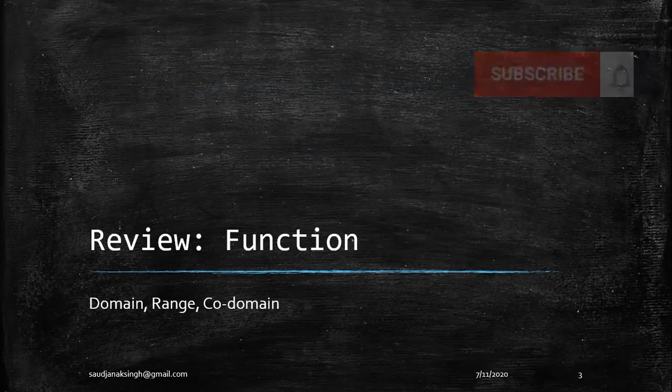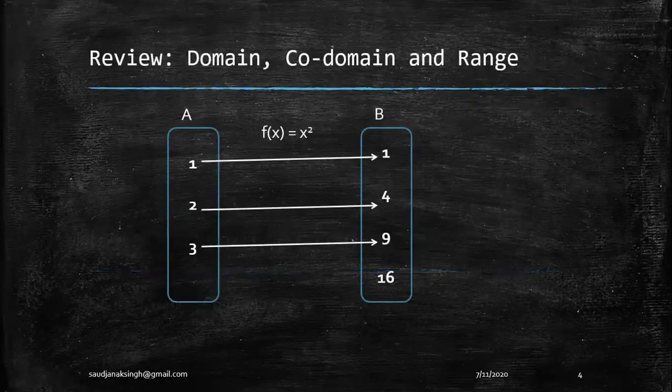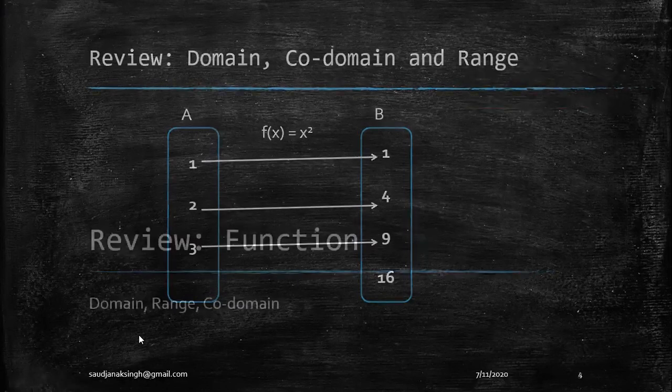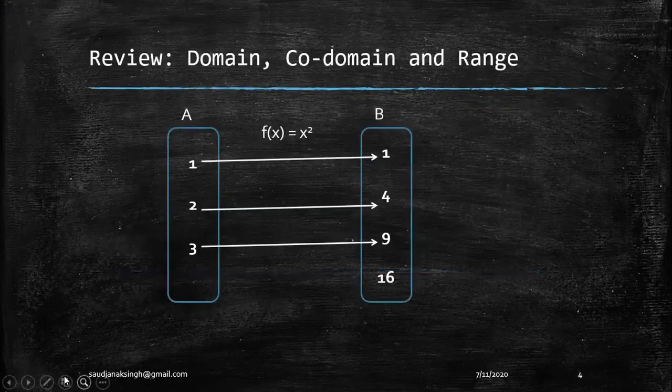Domain, codomain, and range. Now, this is a function f defined by x square. If you input something, you get the squaring.